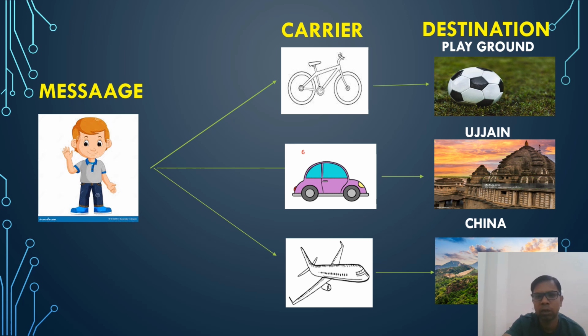So depending upon the message signal and depending upon our need of the communication, we use the carrier as bicycle, car or plane. Okay, so this is the simple image concept for the modulation.